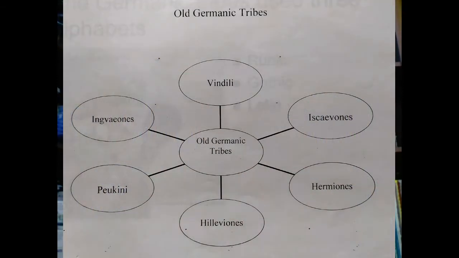Now, old Germanic tribes: we mentioned Vindels, Ingviones, Iskavones, Pefkins, Hilaviones, Herminones.